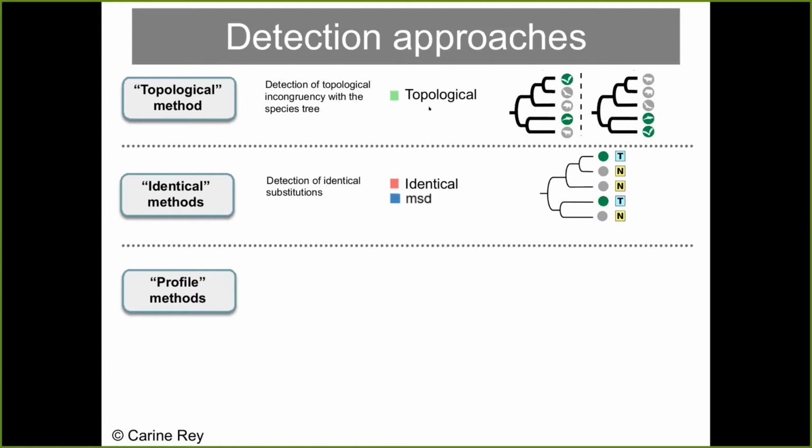And what this method does is compare the true species tree to a species tree in which the species with the same phenotype are grouped together. In that case, they've grouped the echolocating species, the insectivorous bats, and the dolphin.